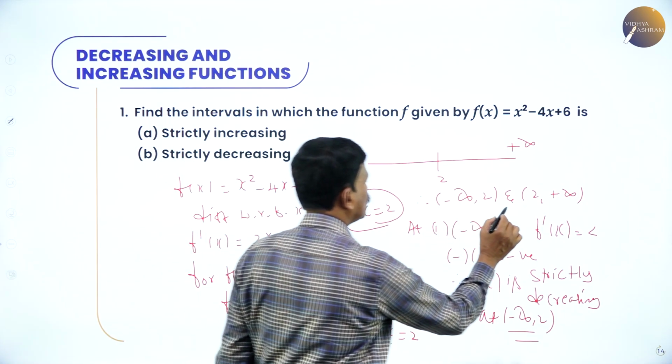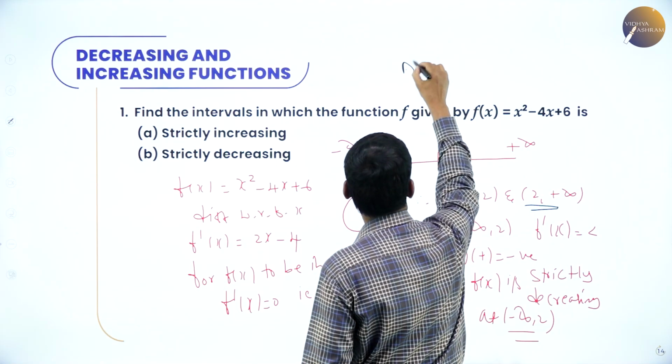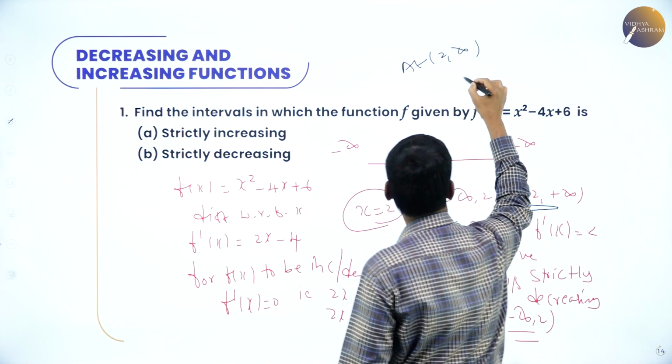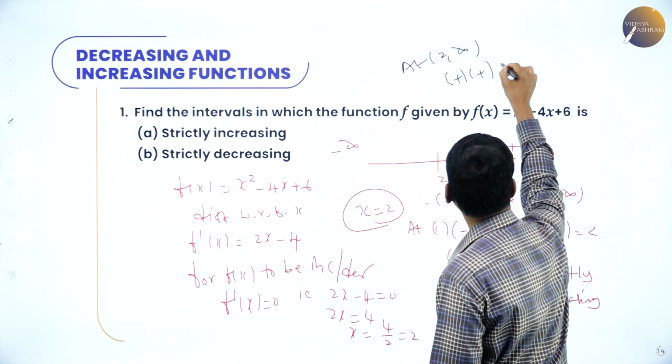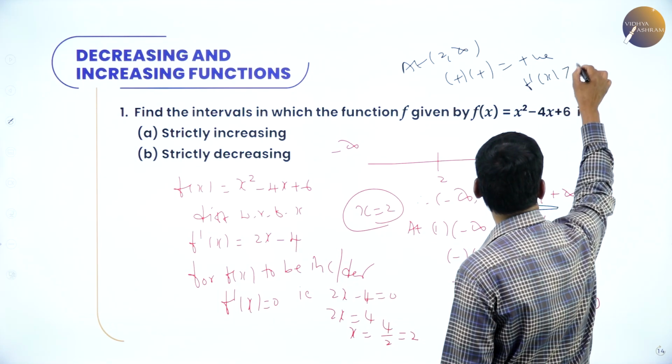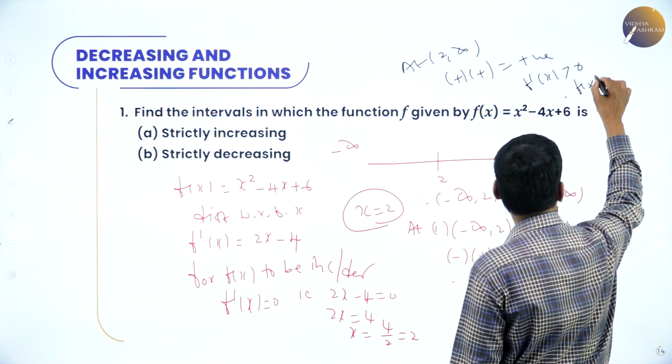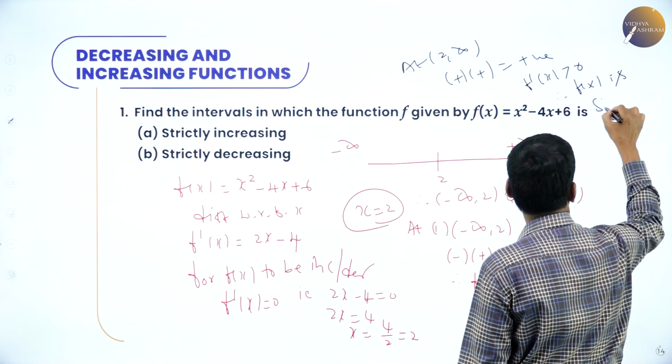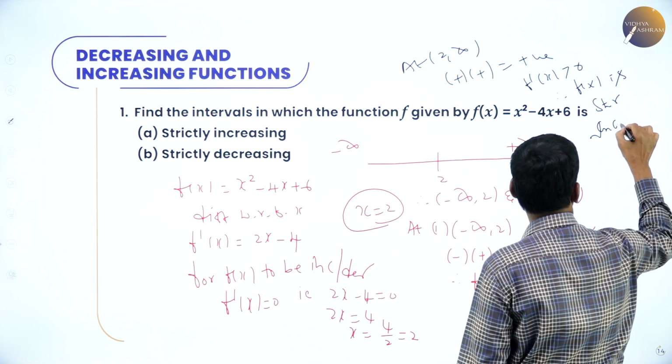Now, the second interval, 2 comma infinity. At 2 comma infinity, what do we have? Plus into plus, that's equal to plus, positive. That means f dash of x is greater than 0. Therefore, f of x is strictly increasing.